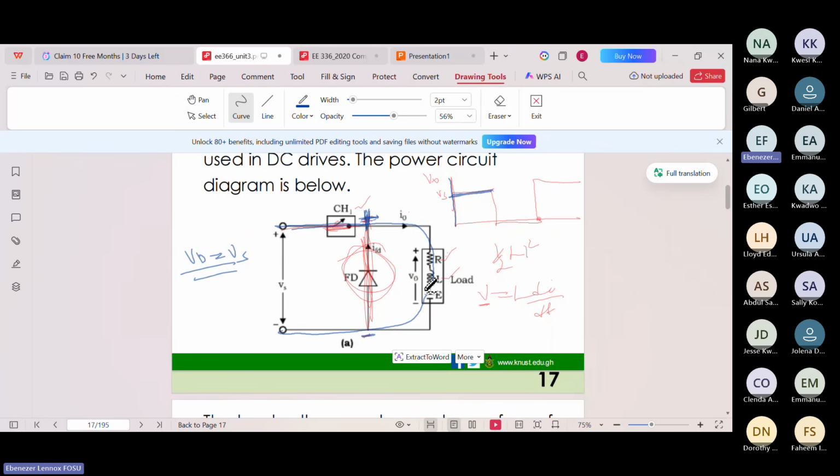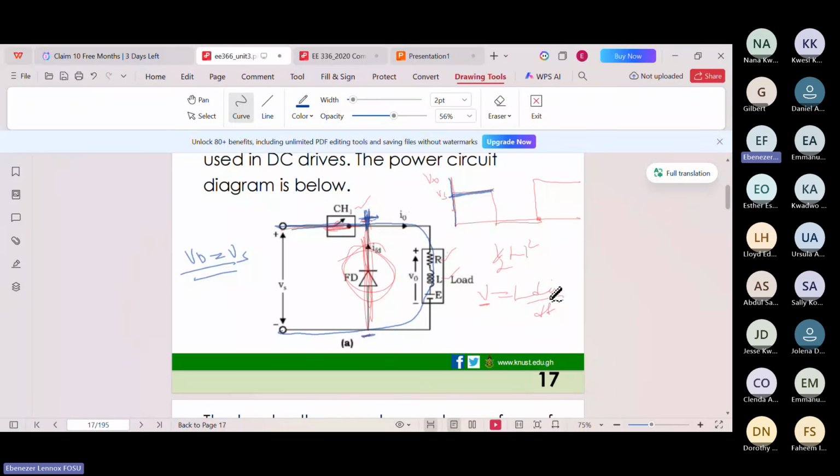So now, when you turn off the switch, the inductor will want to release that energy that was stored, right? So because of that, the energy will be decreasing. When the energy is decreasing, you realize that the current value will be decreasing. So the change in current is now negative because it's now moving from a higher value to a lower value.